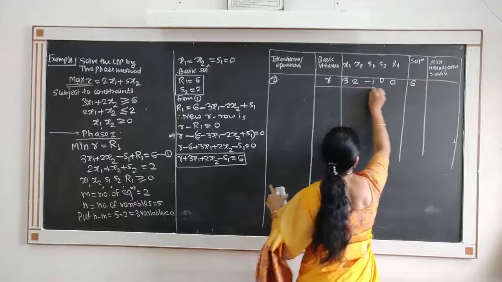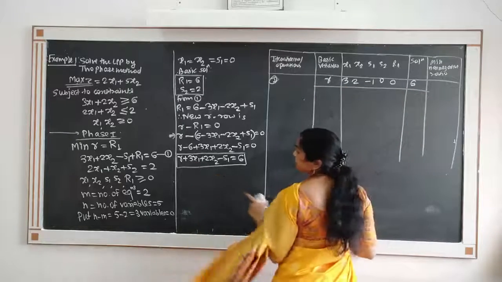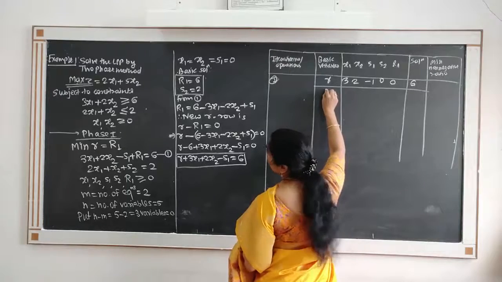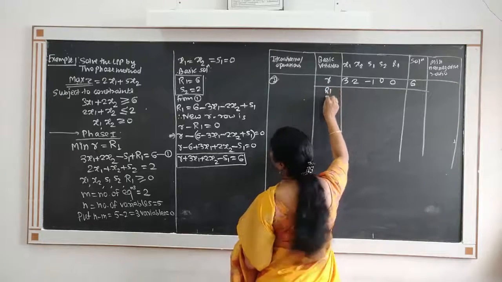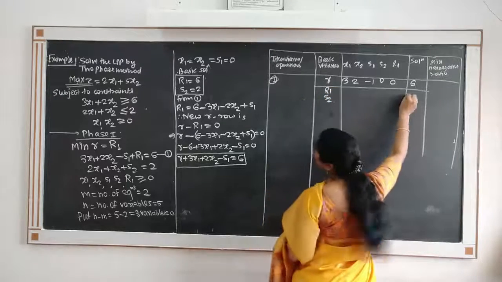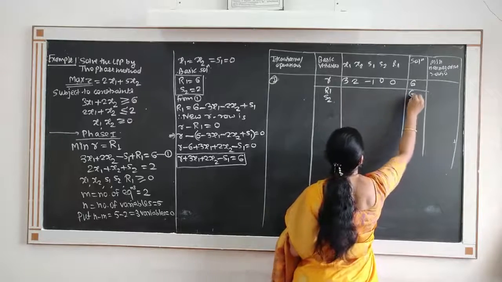That is R row. Now see first constraint. It is r1 and s2 are basic variables with values 6 and 2.